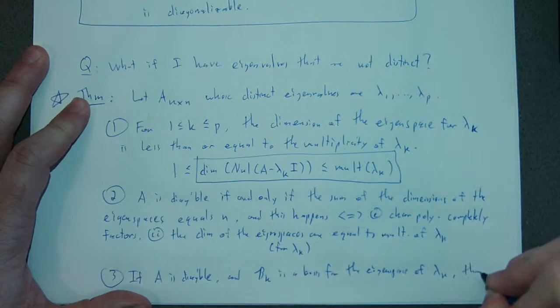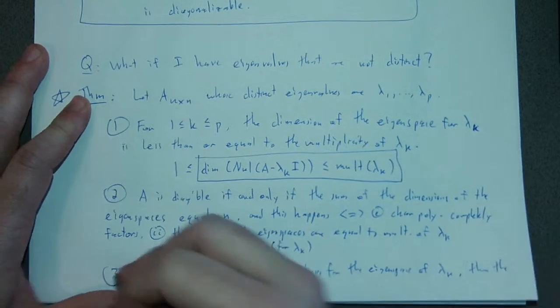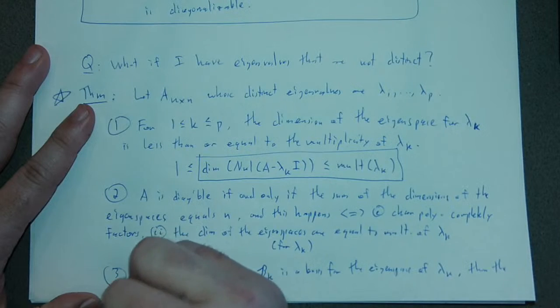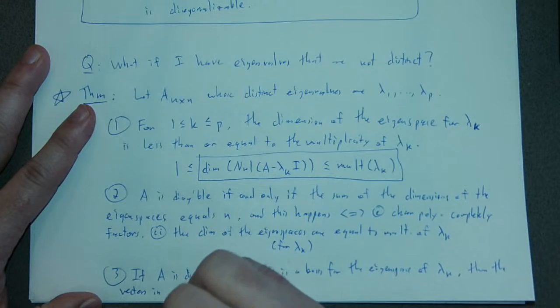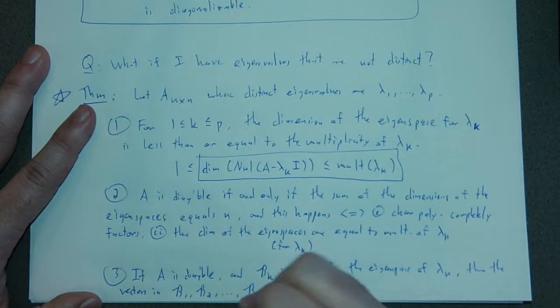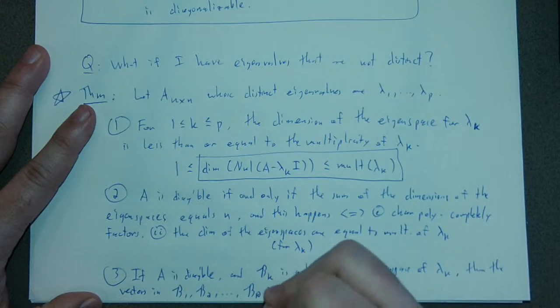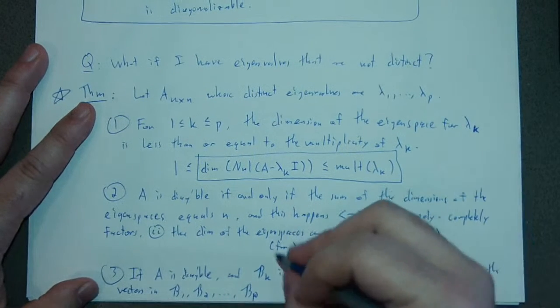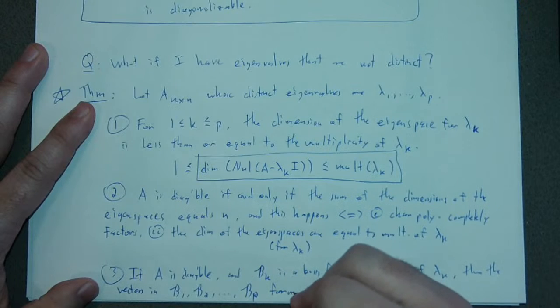Then the vectors in the collection of all of these bases, from B sub 1 up to B sub p, form an eigenvector basis for Rn.